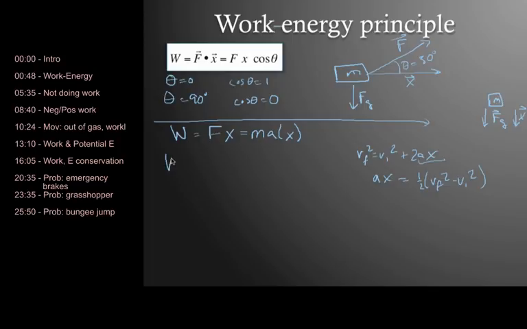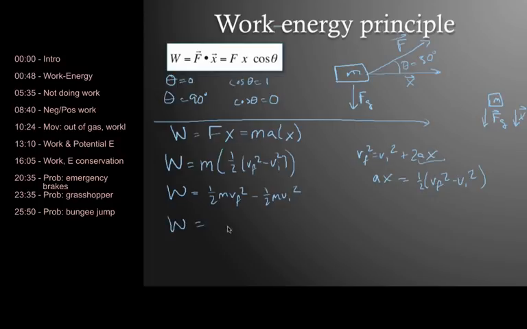If I plug that into here, I'm going to get work is equal to m times 1/2 (v final squared minus v initial squared), and I can rewrite this to be 1/2 m v final squared minus 1/2 m v initial squared.